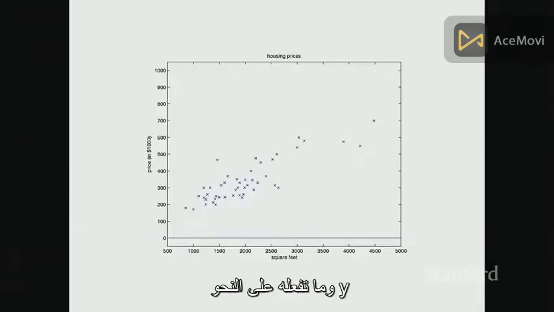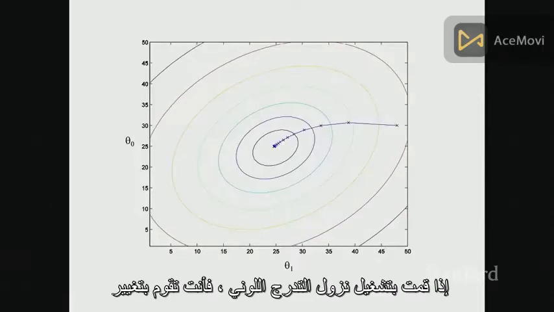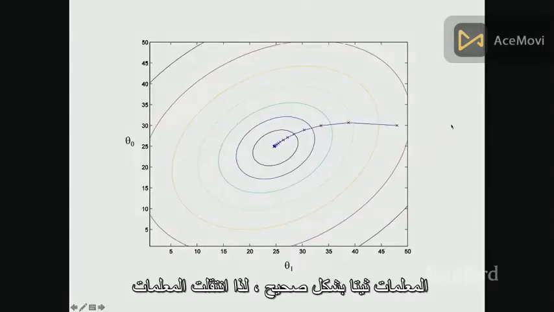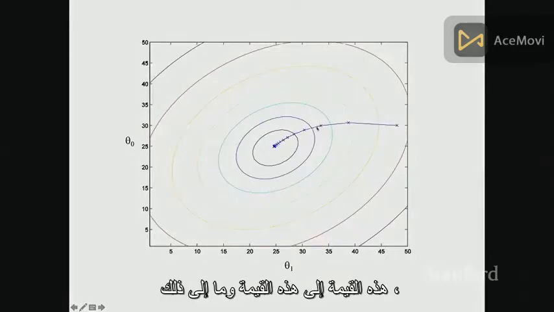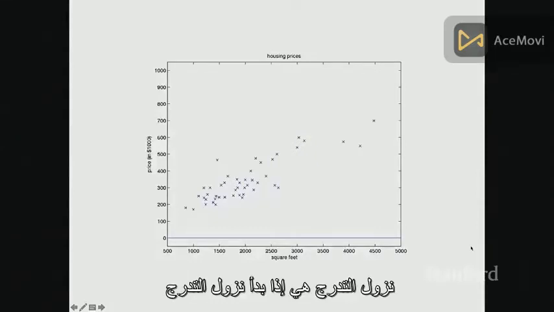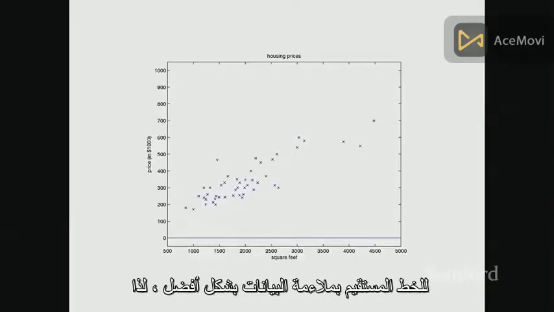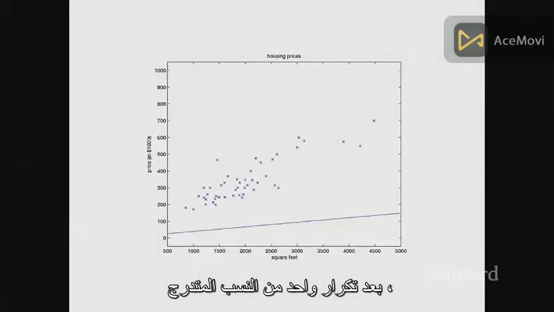And what you're doing as you run gradient descent is you're changing the parameters theta, right? So the parameters went from this value to this value to this value and so on. And so the other way of visualizing gradient descent is, it starts off with this hypothesis, and with each iteration you're trying to find different values of the parameters theta that allow the straight line to fit the data better. So after one iteration of gradient descent, this is the new hypothesis.